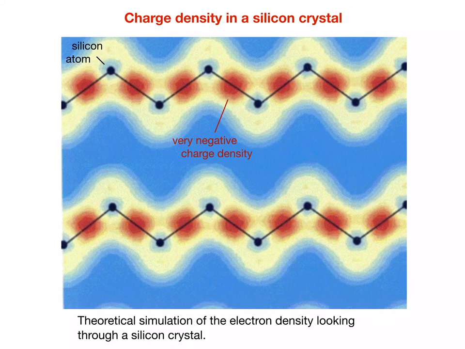Looking through the crystal, the black dots identify the silicon atomic cores. The cores are connected by covalent bonds, each made up of 2 electrons. The red color indicates that the electron density is particularly large in the covalent bond between atomic cores.